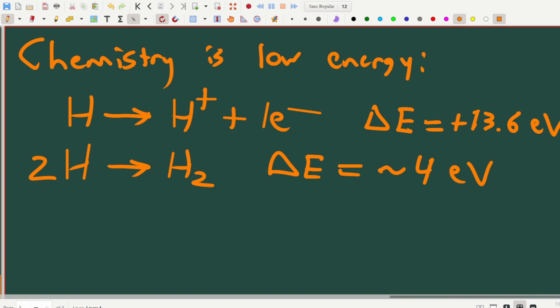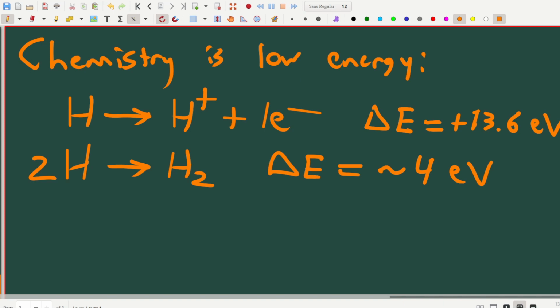And these happen on the scale of about 10 eV. So when I talk about things that happen at 100 gigaelectron volts, 100 billion electron volts, or the binding energy of a proton at about 80 gigaelectron volts, these are millions of times higher energy than chemistry.